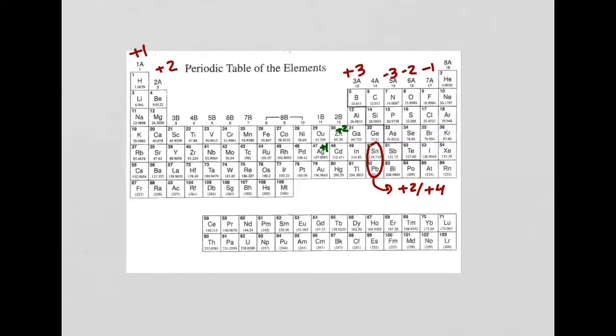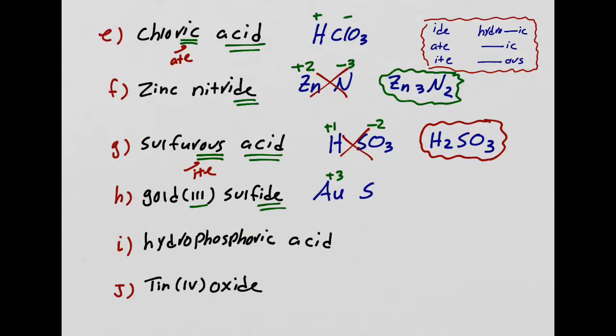Let's go to the periodic table. Sulfur is right here. What's the charge? The charge is -2. Okay, so we are going to cross multiply the charges. If I do that, I get Au2S3, gold 3 sulfide. Again, every time you see ate or ite, think about polyatomic ion. When you see ide, think about the periodic table.